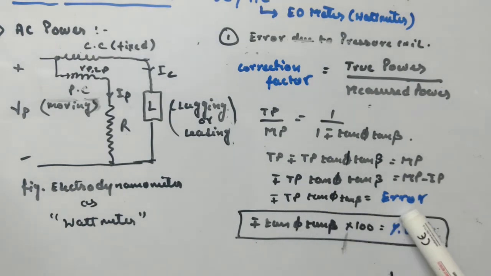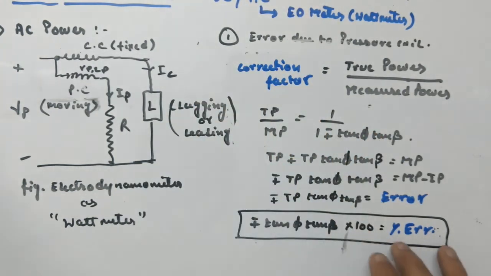If you bring Tp to this side and multiply with 100, you will get the percentage error with respect to Tp. That comes out to be minus or plus tan phi tan beta into 100. Minus is for the case of lead, plus is for the case of lag. So these are the two terms you can use, the correction factor and the percentage error, between the true power and the measured power.